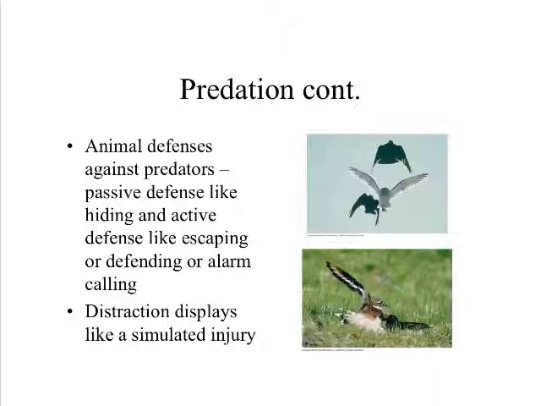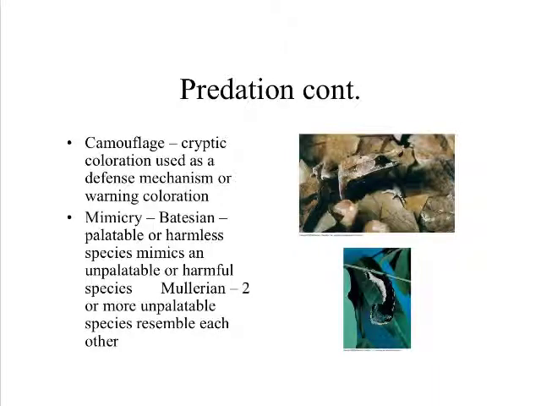We have camouflage, being able to blend into the environment, and mimicry, being able to mimic another dangerous or poisonous species that the predator would stay away from, because it knows that if it eats that, it gets sick or dies.